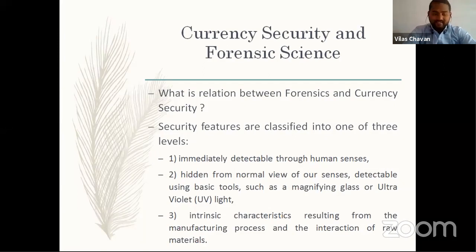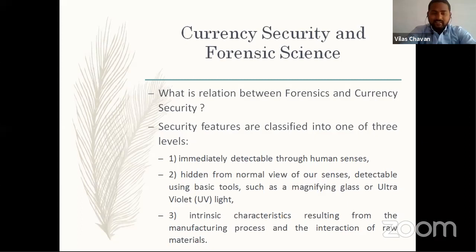Once it has been received at the FSL, then their role is to examine the fake Indian currency note thoroughly and present their findings to the court of law in order to stop the circulation of FICN in the market. And to do this, the currency examiner must have in-depth knowledge about salient security features of the Indian currency note. So hope you understood the relation between currency security and forensic science.